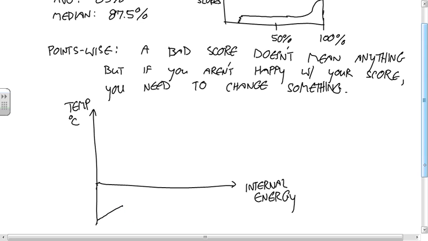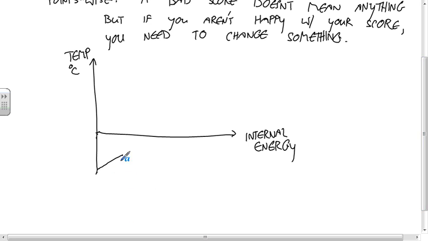Okay, this is a solid, until it reaches some point that is the phase change temperature. So this is the liquid-solid boundary.